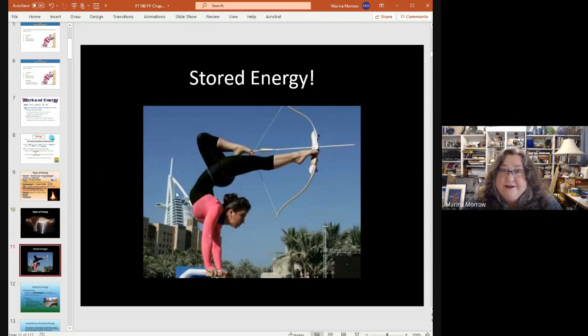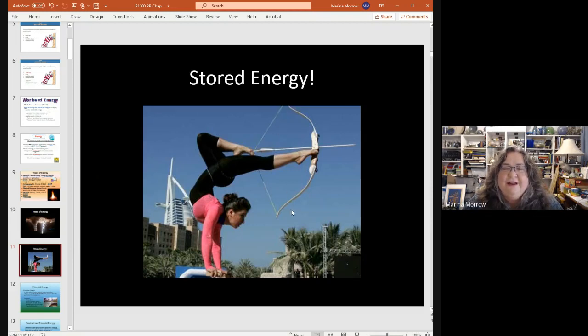Okay, let's go look at stored energy. Okay, so let's look at potential energy. Now what this incredible woman has done is she is able to pull a bow with her foot and balance on her hands, as you can see. What a great, strong woman. Anyway, I understand she can even hit the bullseye of a target. But what has she done here?